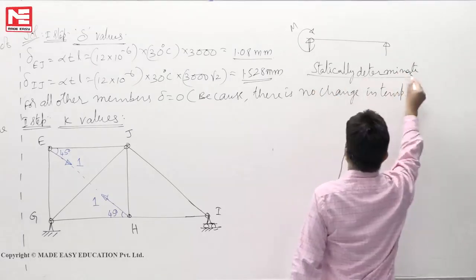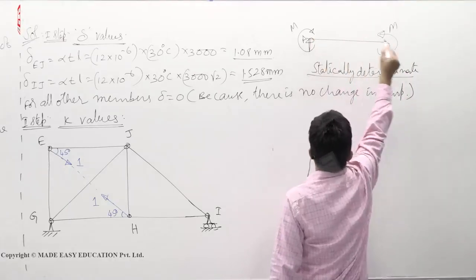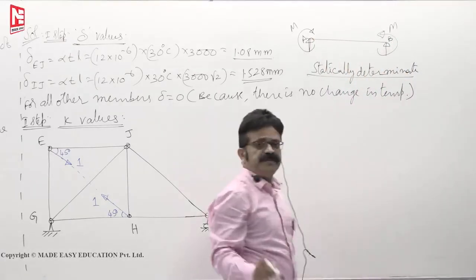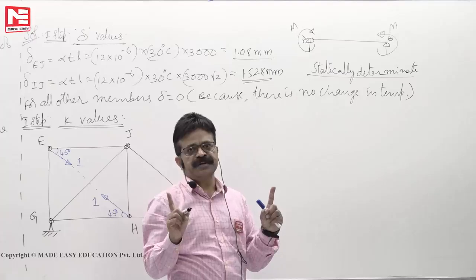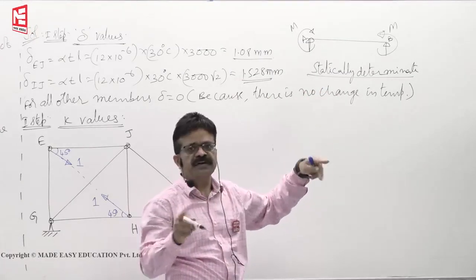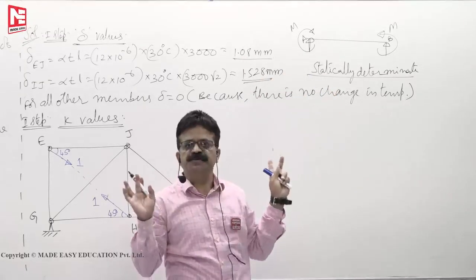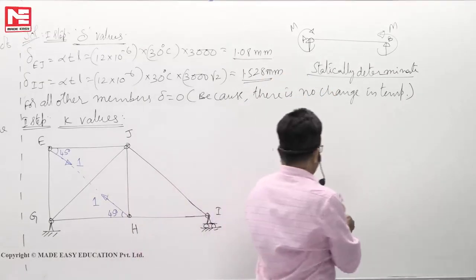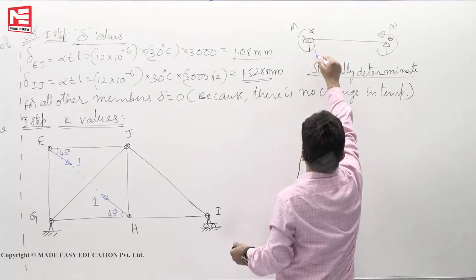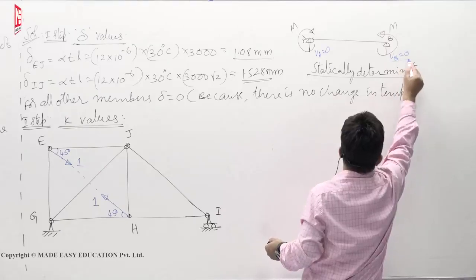Right? 1 m clockwise, 1 m anti-clockwise. So this simply supported beam is subjected to a system of forces which are already in equilibrium, plus m minus m. Then supports will not react. And you have studied Va is equal to 0, Vb is equal to 0.